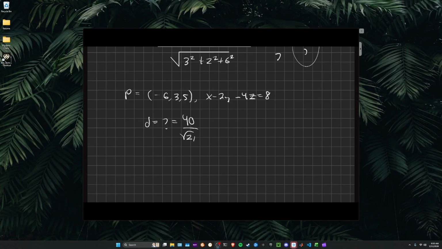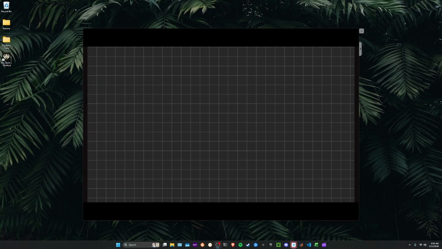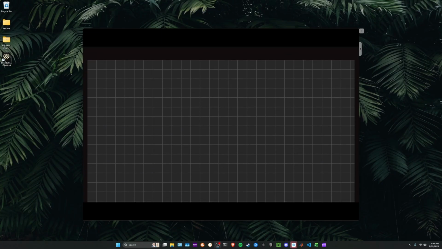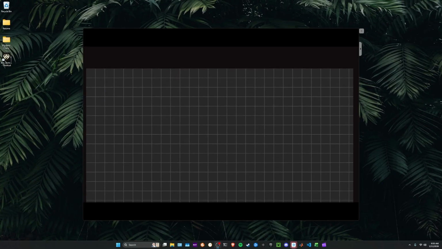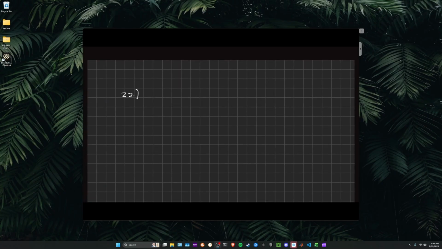Okay. So let's look at problem 2. So again, distance between planes and a point, but now we're talking about parallel planes specifically. So again, if this is a plane, we'll distinguish this by saying this is d1, and this is a plane d2.